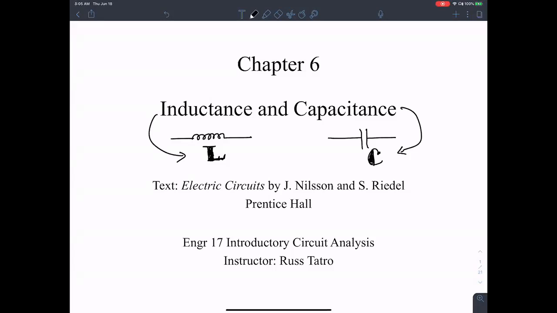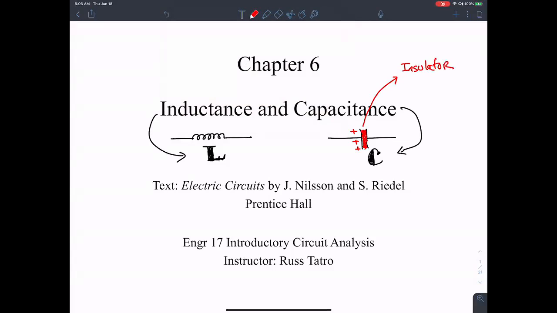C represents capacitance. Fundamentally, at the core, the operation of capacitance comes from the fact that charges are separated. There's no current actually flowing through the capacitance. In between two parallel plates is an insulator.